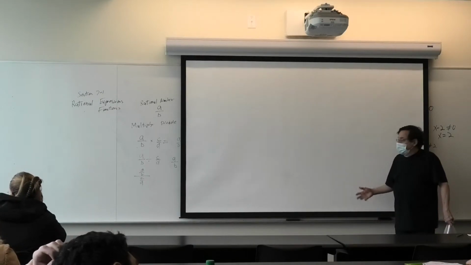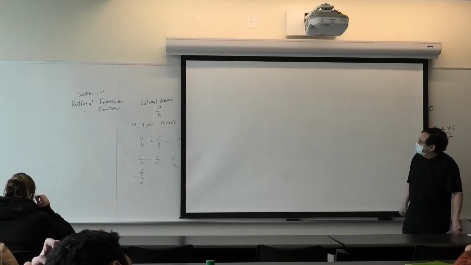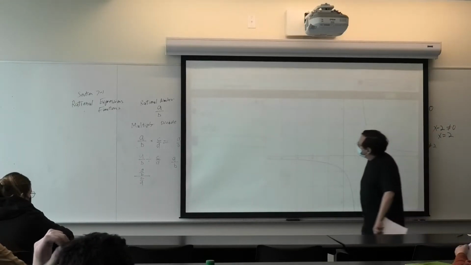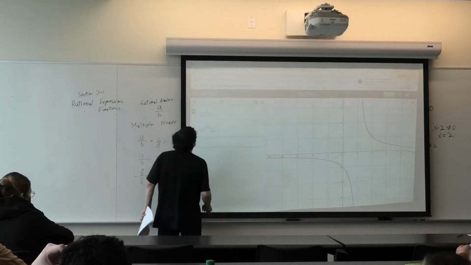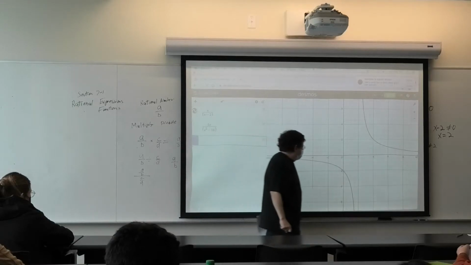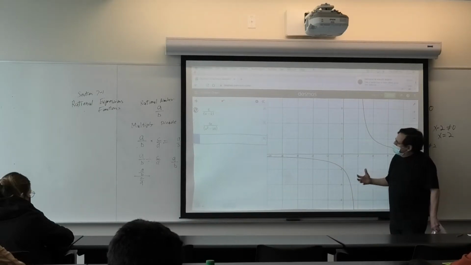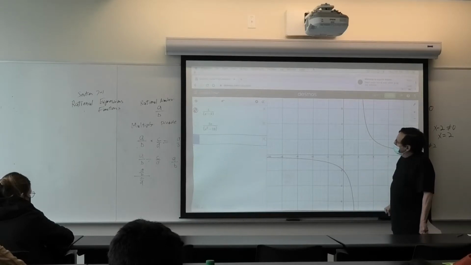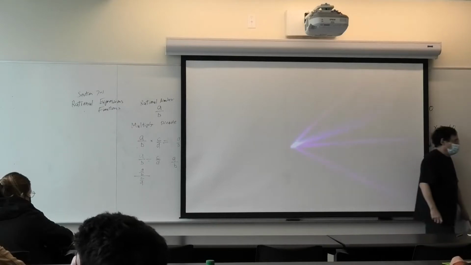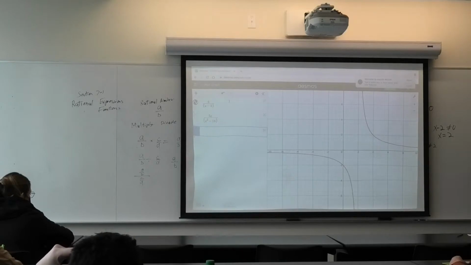If you're working on homework, you can always use the program I'm using, Desmos, and plug in the function. Okay, I think it's coming up here. So we have 4 over x minus 2. And let's look at this graph for a minute. We could pick out some points on here.